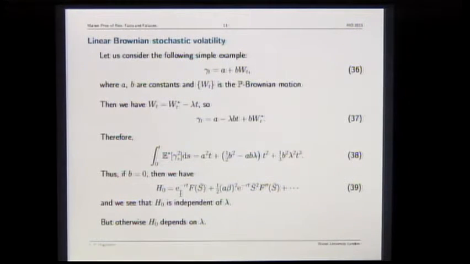And there you find that H naught is equal to the value of F at the forward price of the underlying asset, and then you get a perturbed term. So this is the term that you would get if you just took the ordinary Black-Scholes formula and took a perturbation for a very small volatility, and this would be the sort of second order effect that you would get in the price, and of course it doesn't depend on lambda.